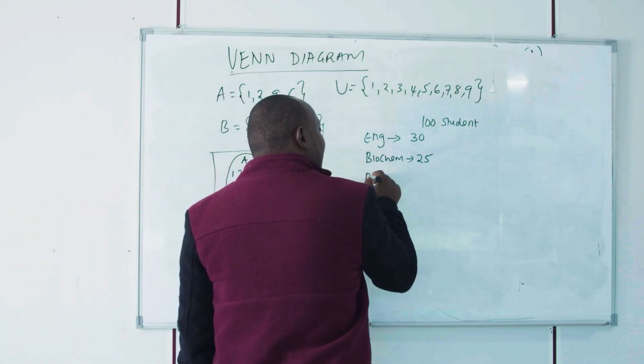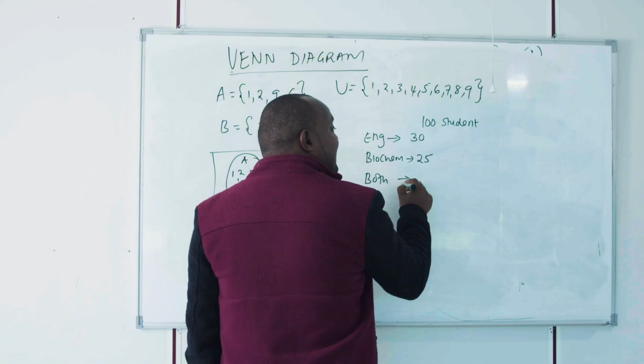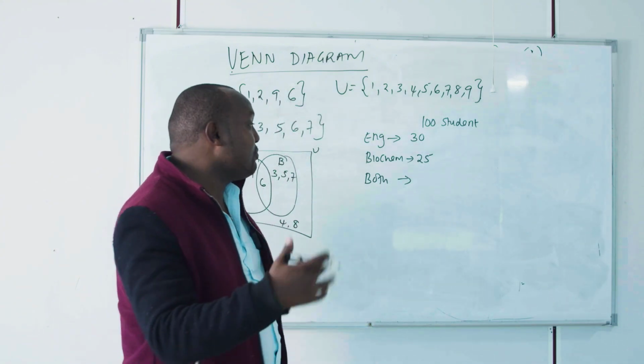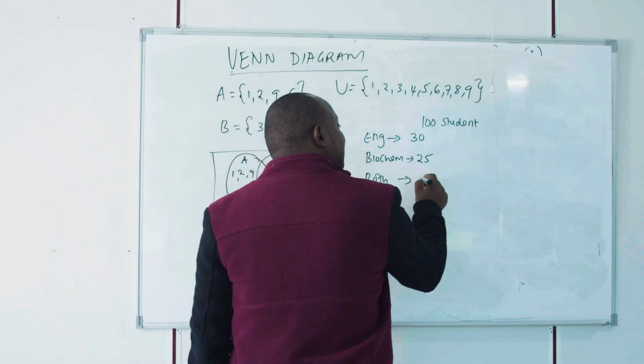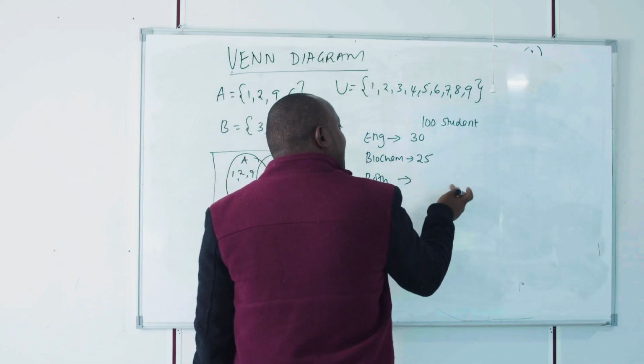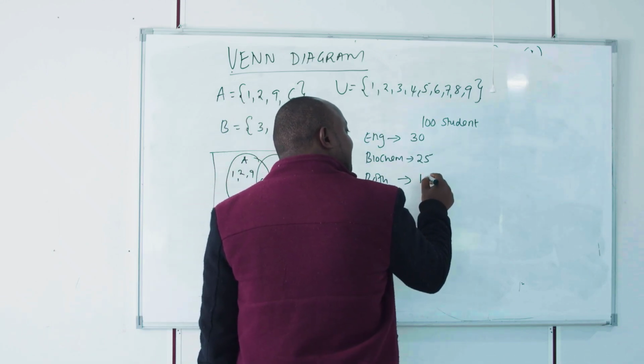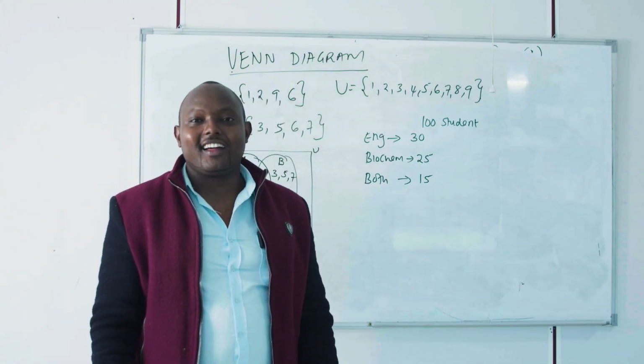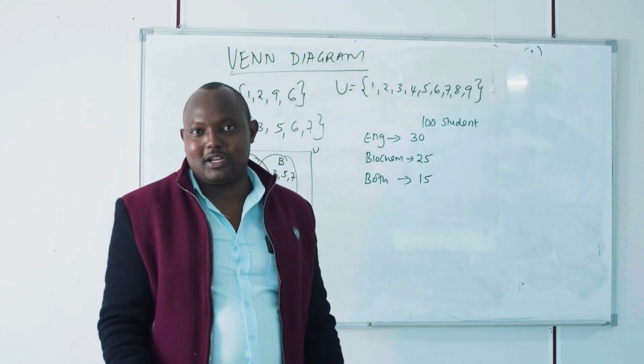And maybe for both programs, you find there are students who don't know, but they choose both programs. You find that both programs are chosen by 15 students. And then there are those students who are confused, they don't choose any of the programs.